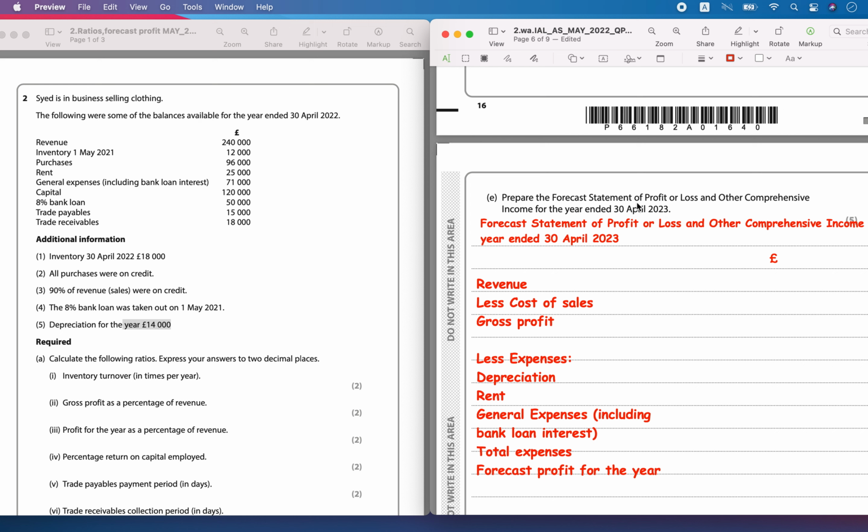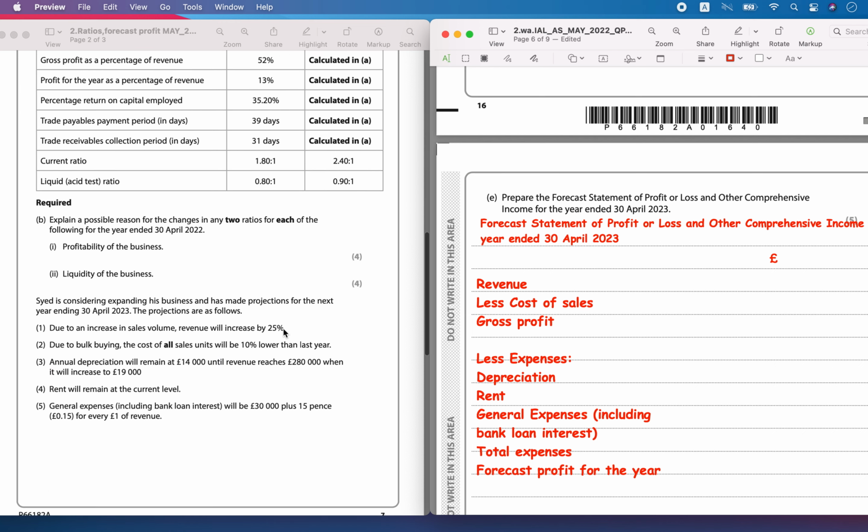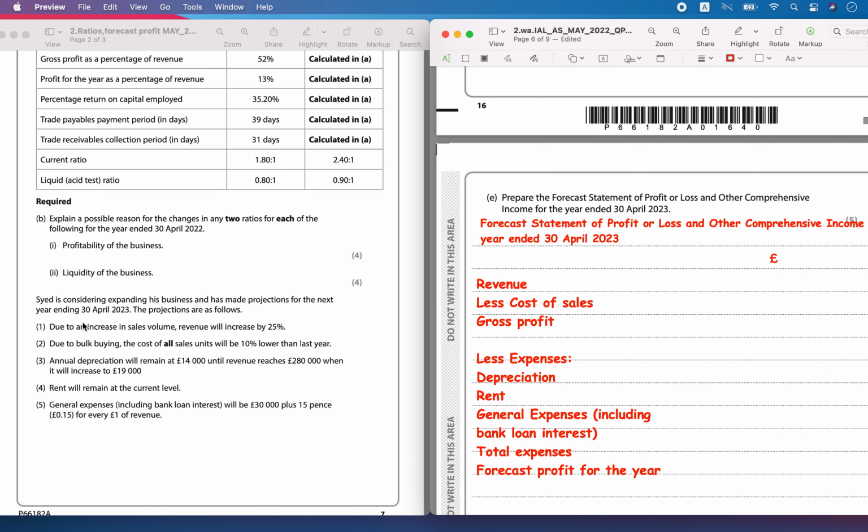Then we have to prepare the forecast statement of profit and loss and other comprehensive income for the year ended 30th April 2023. So let's prepare this. They have given some adjustments. Okay, Syed is considering that due to an increase in sales volume, revenue is going to be increased by 25%. So let's say the revenue initially was around 240,000.